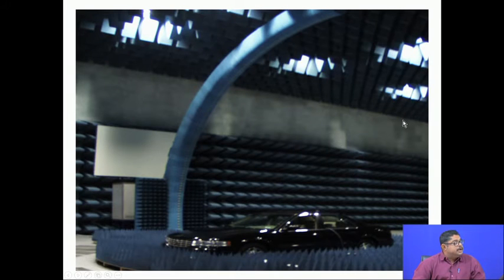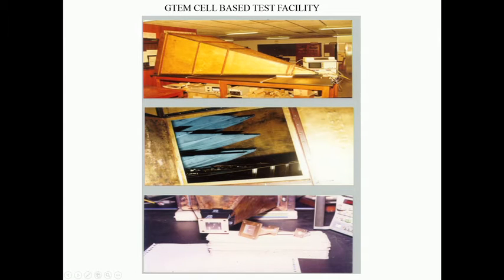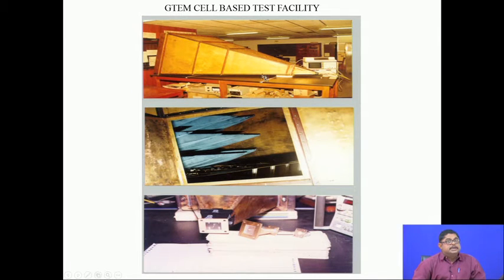There is also another thing, the GTEM cell. If you want to create a plane wave in a small space, the GTEM cell, gigahertz transverse electromagnetic cell, also gives you plane waves or TEM waves in a very short zone, that is its quiet zone. So, this is used for testing inside the lab.